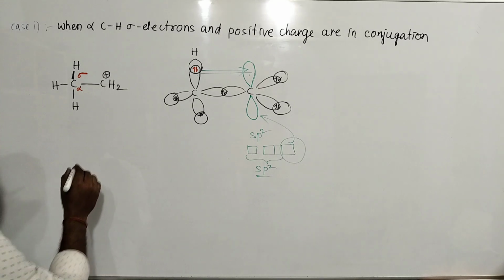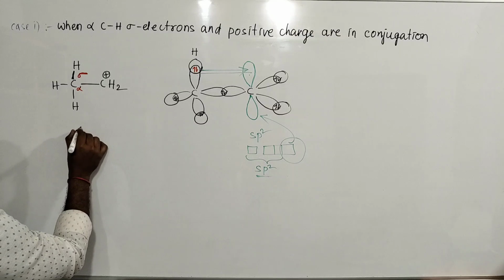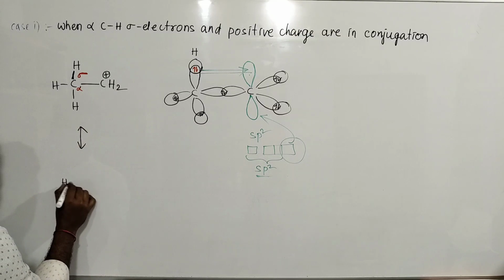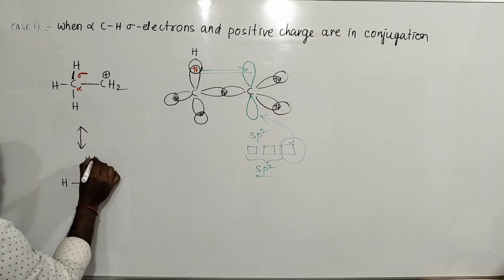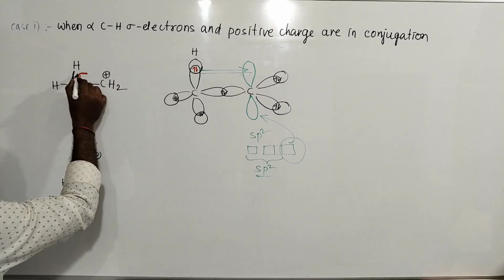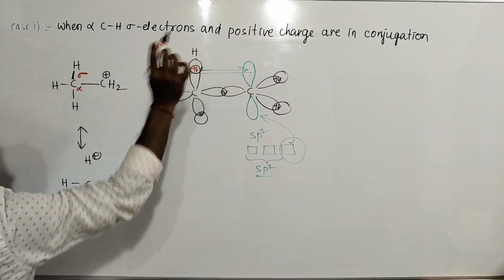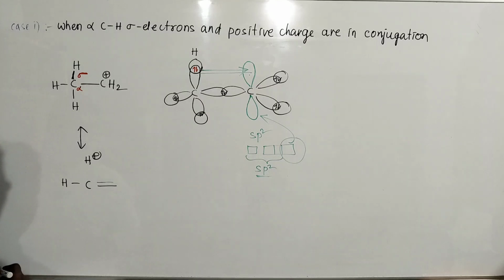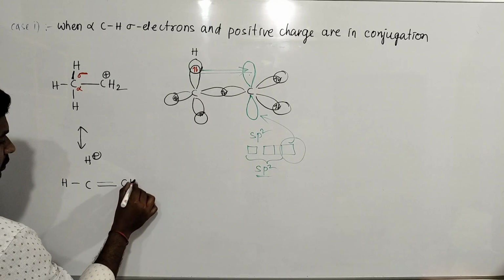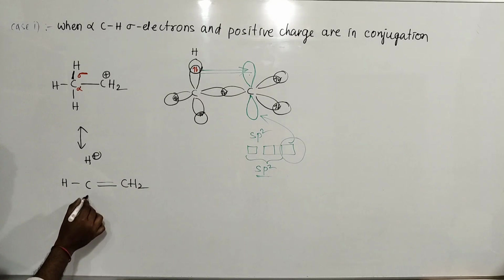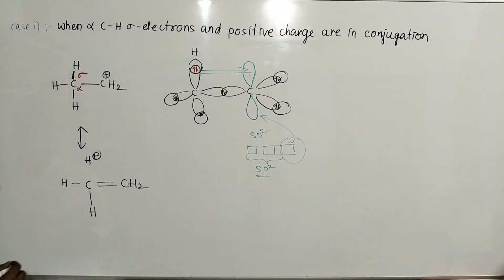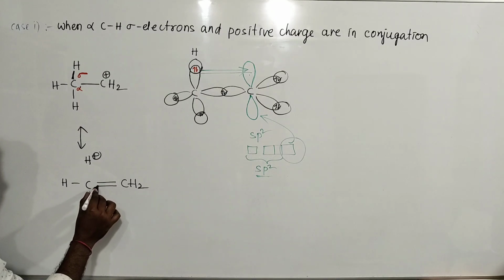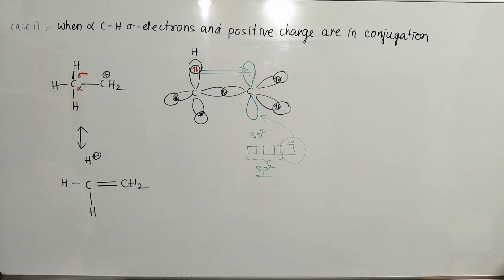Here the hydrogen, both electrons are lost, so the carbon-hydrogen becomes positive. This carbon forms a double bond with this positive carbon. So this is hyperconjugation, this conjugation is said to be hyperconjugation.